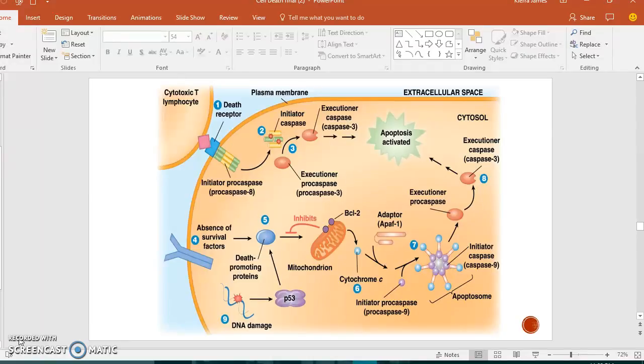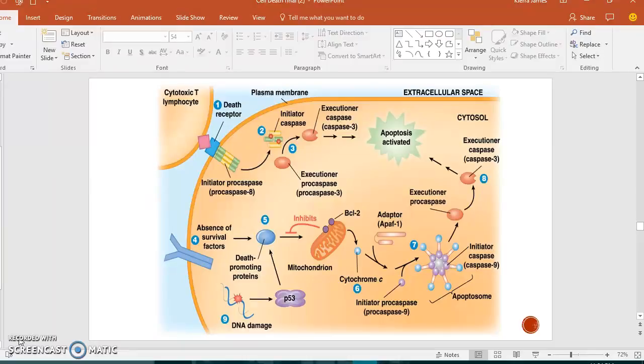The binding causes receptors to bunch together and adapter proteins to come to the site, resulting in clustering of initiator procaspases that now become activated in step 3. The procaspases now activate the executioner caspase, called caspase-3.